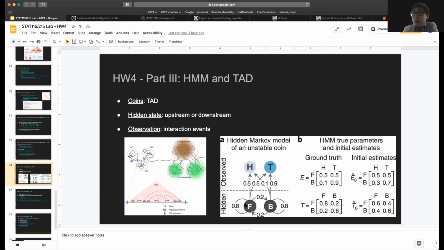From our biological question perspective, why is this interesting? Because now imagine we are looking at a chromosome. We're using Hi-C and all these fancy techniques, and we observe a lot of genomic interaction events. We know that if two regions are closer to each other, it is more likely to get a cross-link event.